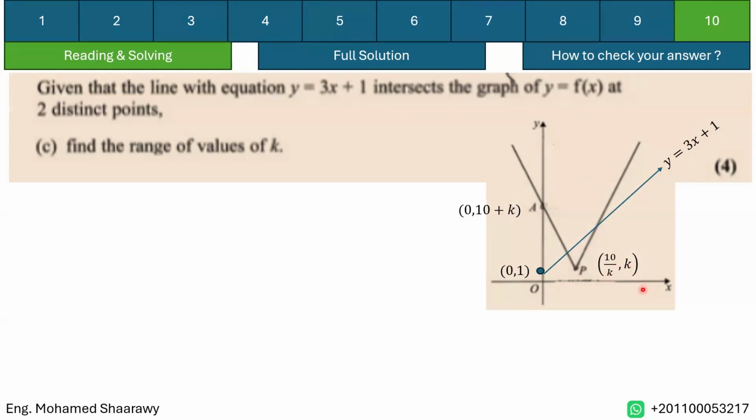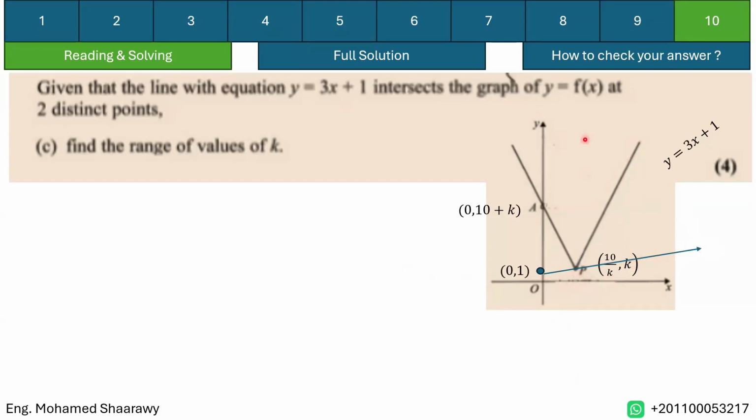Okay, in order to solve this question, I like to solve it graphically. There is a long algebraic way, but I won't show it in this video. I'll just show the graphical way. This makes sense. This line can intersect with this function twice if and only if this line is touching this one and also this one. So the extreme positions is this point. If this line just touches this point P, then I'll have only one point of intersection.